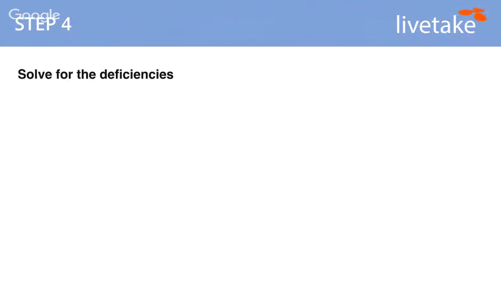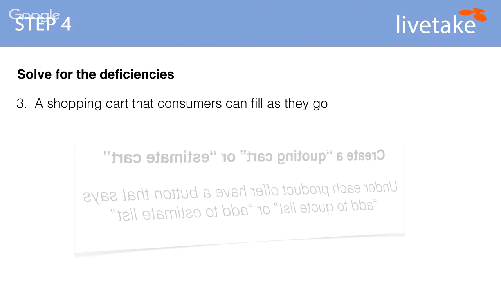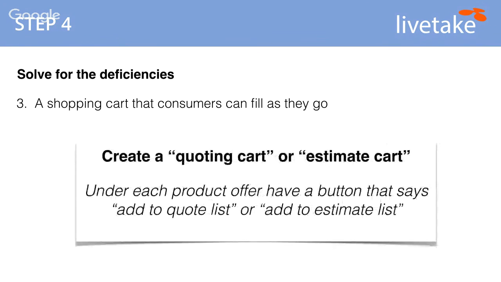The next deficiency, a shopping cart that consumers can fill as they go. So this is a clever one. What you want to do here is replace the shopping cart with a quoting cart or an estimate cart. And under each product offer, have a button that says add to quote list or add to the estimate list. So they're not putting products in there per se that they're going to buy.